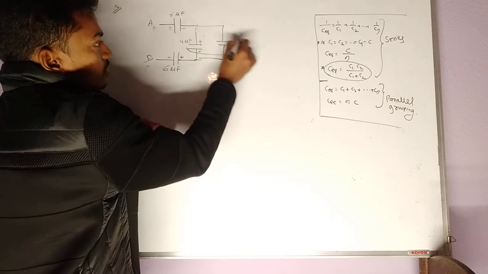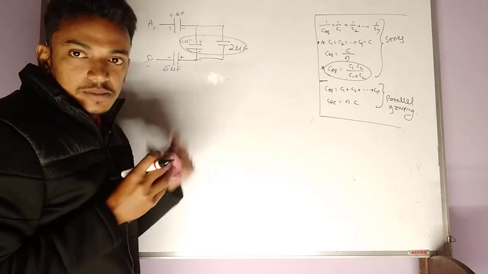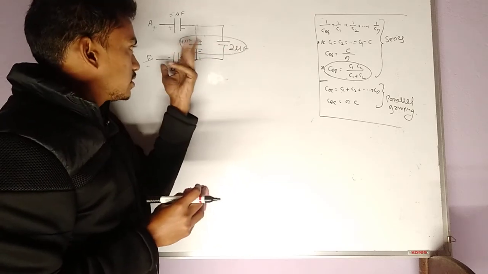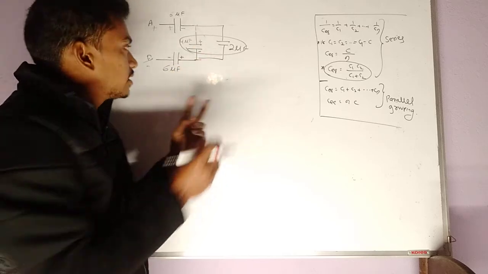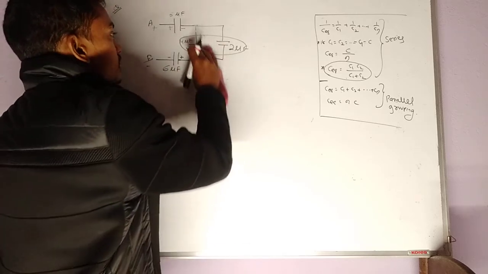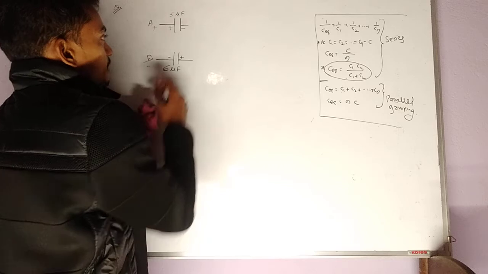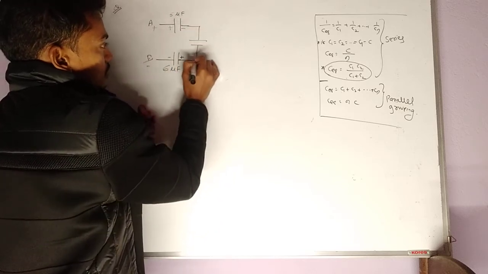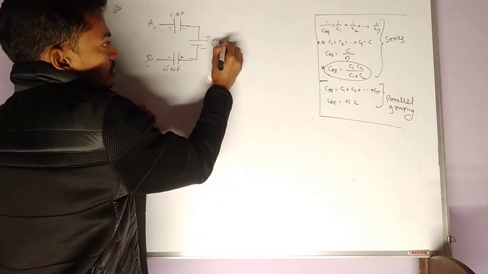Again, these 4 and 2 are in parallel. So in parallel grouping, capacitances are simply added. So 4 plus 2 is 6. So 6 will be plus and minus, 6 microfarad.